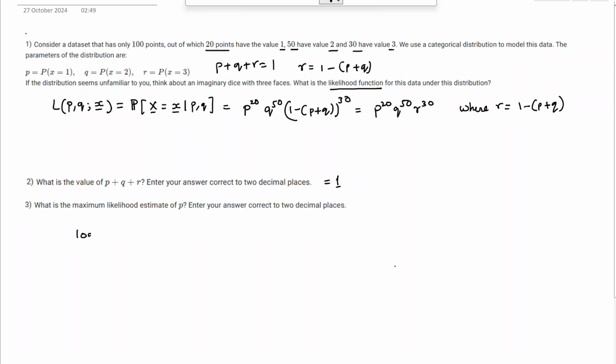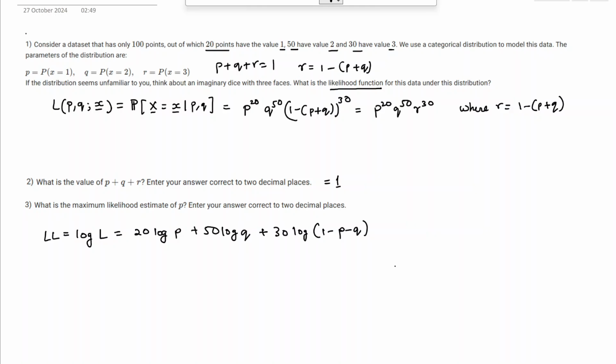So the log likelihood function, log of L, would be nothing but 20 log p plus 50 log q plus 30 log of (1 minus p minus q). Let me denote this by LL, the log likelihood.